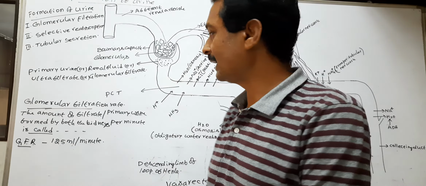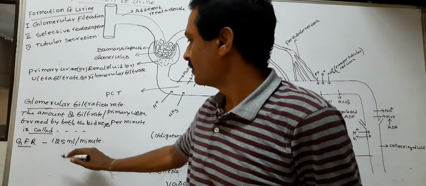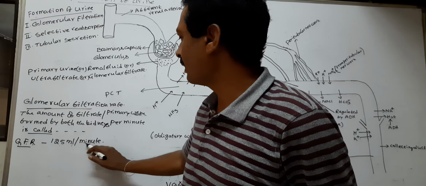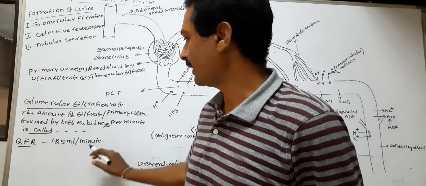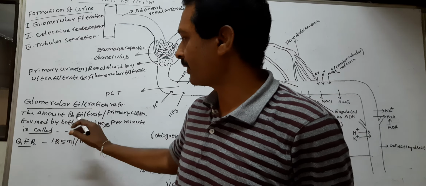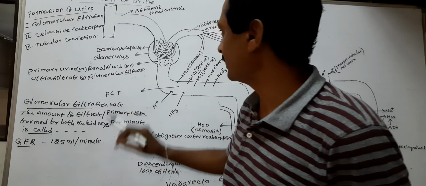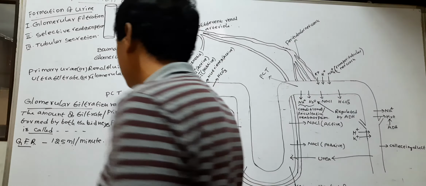So both the kidneys in a healthy person form 125 ml per minute.